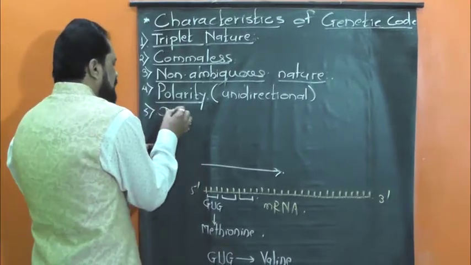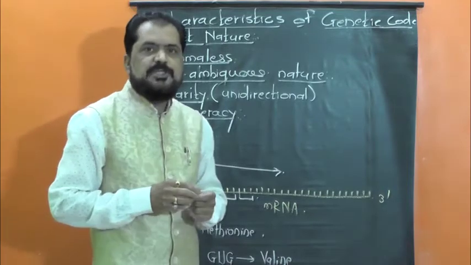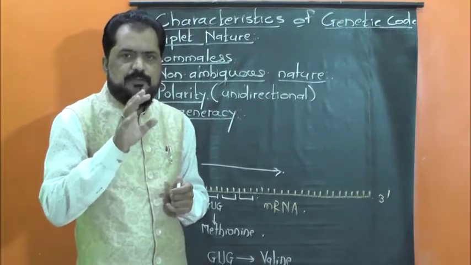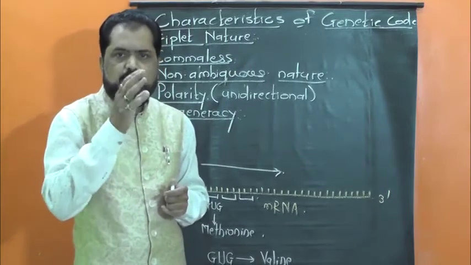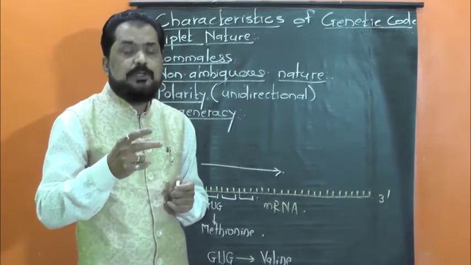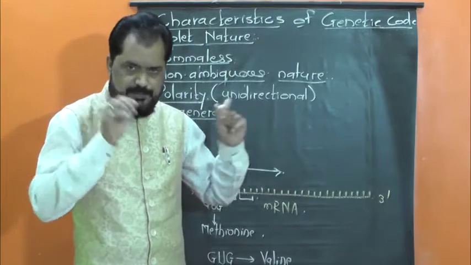Next, degeneracy. Genetic code is degenerate. It means the information for one amino acid may be carried by more than one codon. Please don't get confused.